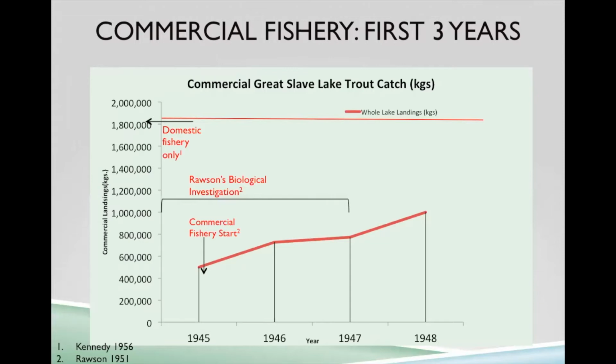In the summer of 1948, an all-weather road was constructed, this being the Mackenzie Highway, that connected the city of Hay River with a network of Alberta roadways and increased the involvement in commercial fisheries from more companies.